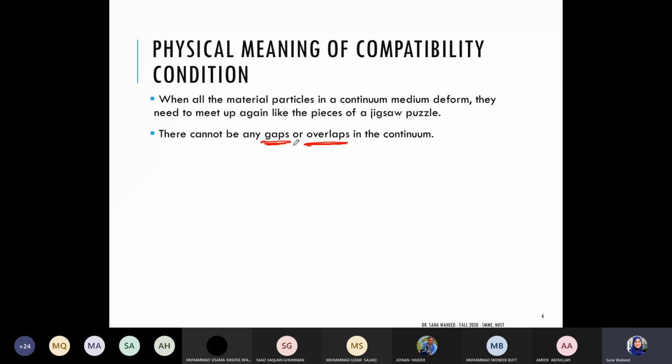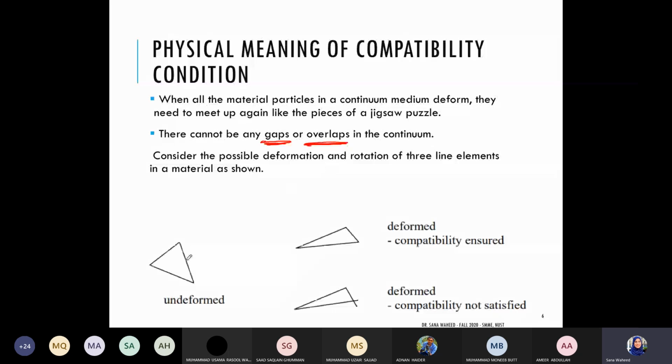Now what this means is, just consider that I have an original body that is made up of these 3 lines. And what compatibility is trying to say is that it's not possible that I have a displacement or a strain field that creates this kind of deformed body. Because what's happening here is that number one, there's an overlap right here.